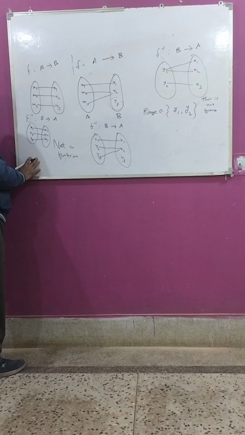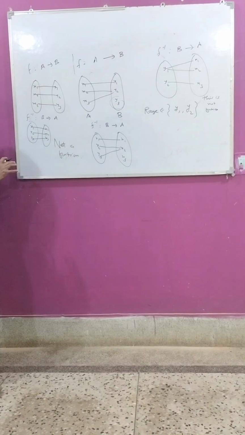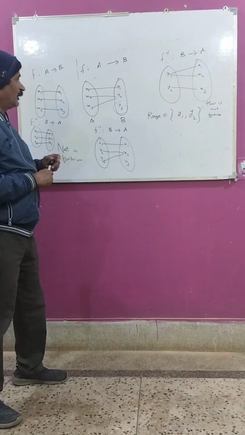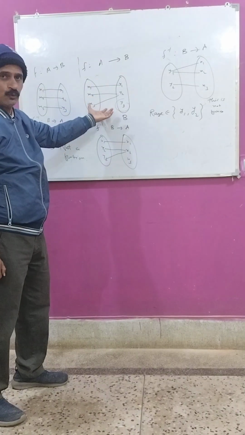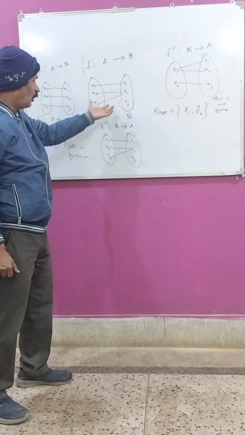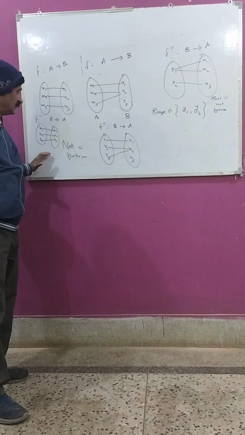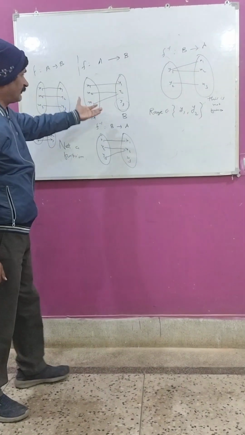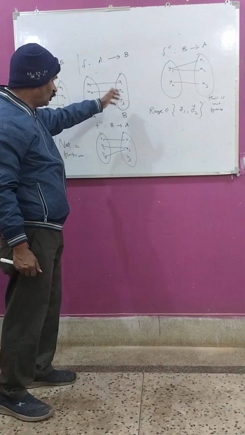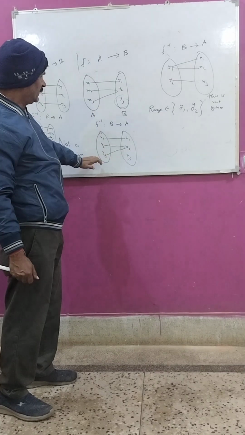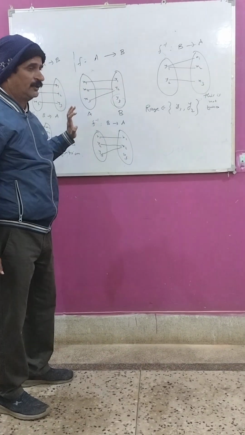Here it is an onto function. So we are seeing that when you keep the function onto, its inverse is possible. But when we take a function which is an into function, its inverse is not defined as a function.